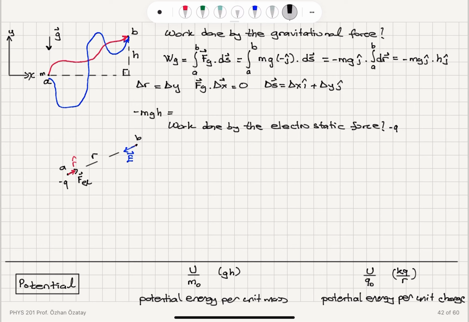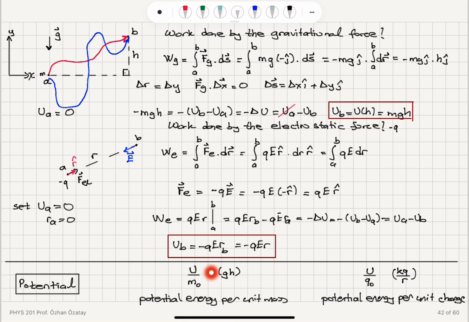Before I do that, the concept of potential is basically potential energy per unit mass, m0. It's basically mgh divided by m, that's g times h, that would be the potential at that point, and U over q0, the potential energy per test charge, is basically kq over r.